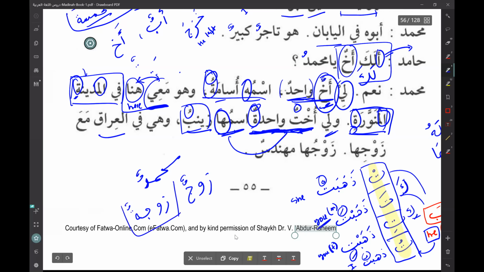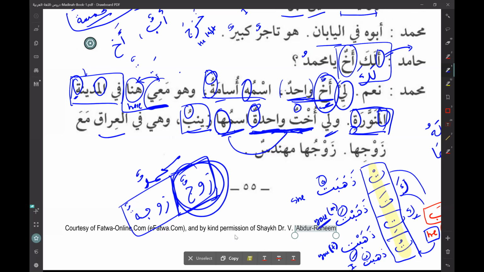Believe it or not, this distinction is only in the modern time. In classical Arabic, in the Quran, in the Hadith, they will just use zawj. Even for the masculine and feminine, both of them, they will say zawj. Why? They will use it as a spouse. And when you say spouse, there's no masculine and feminine. You use the same word for masculine and feminine.